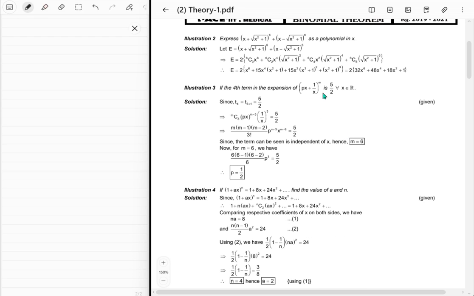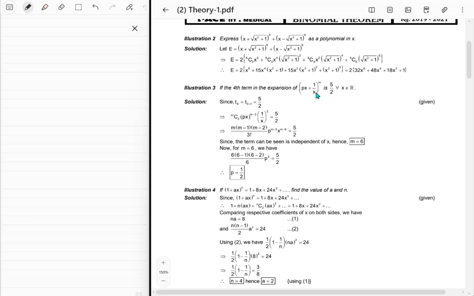The fourth term in this expansion is 5 upon 2 for all x belonging to real. What do you want to find? I think they want to find m or p or whatever. Okay, so they have this thing. Okay, since the term is independent of x. Oh, okay, I understand what's happening.